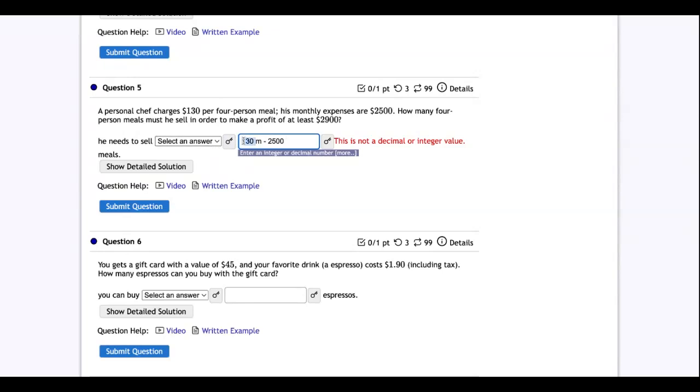So 130 times M, many meals he can sell, is the revenue. Revenue subtract the cost. Now at least, what does it mean at least? Less than or equal to, right? I'm gonna use this sign. Means less than or equal to 2,900. Then you just solve for this inequality. That would be my hint.